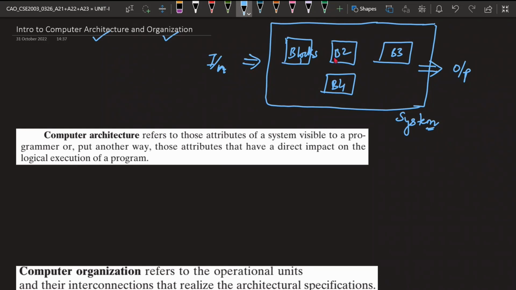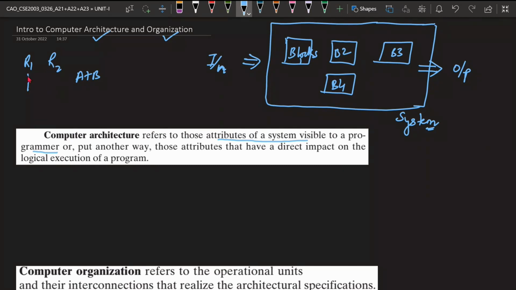These basic blocks are the attributes of a system visible to a programmer. If a programmer wants to compute, suppose, A plus B, the programmer should know that inside this system there is a register or memory location R1 and another register R2.